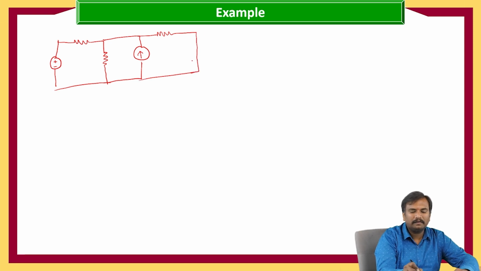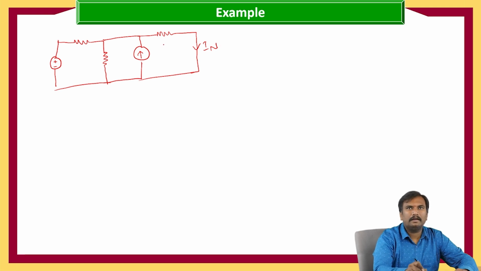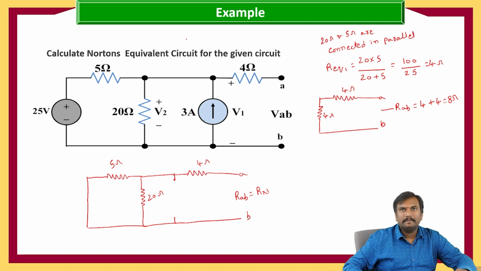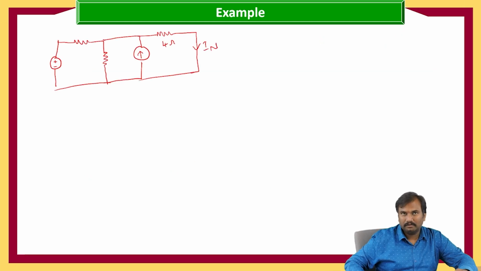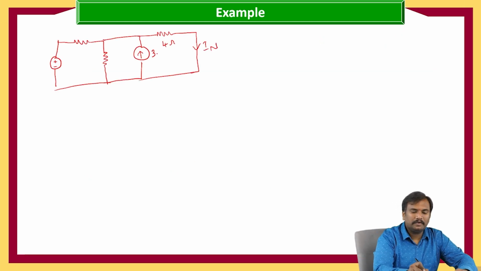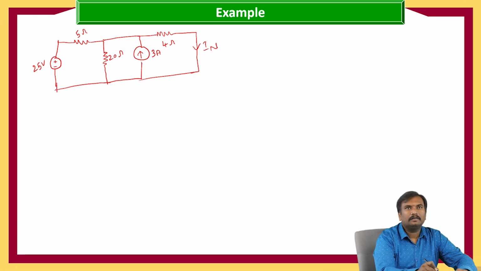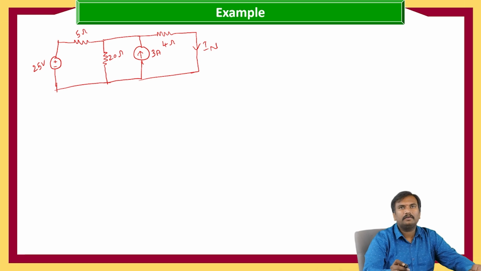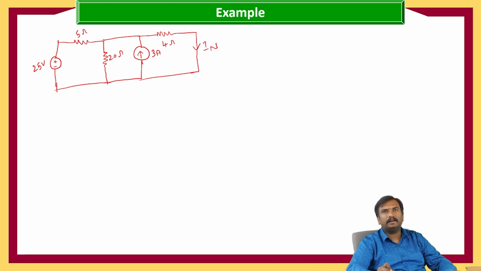Here we are making it a short circuit. That is the current we need to calculate. We have 4 ohms, 3 amperes, 25 volts, 5 ohms and 20 ohms. This is our circuit. Now we need to calculate the Norton's current.